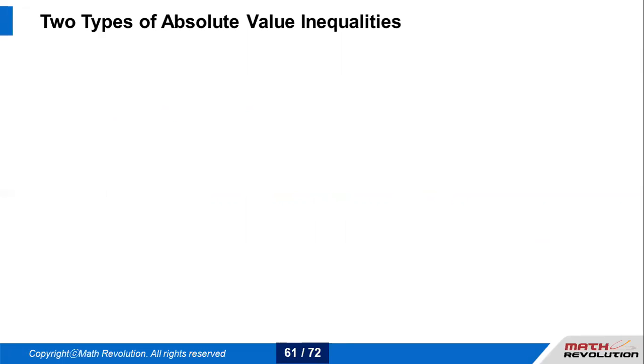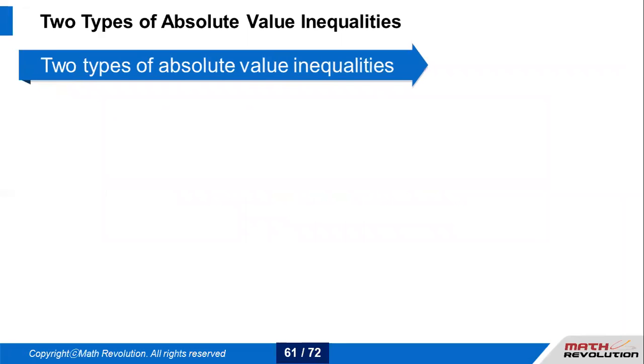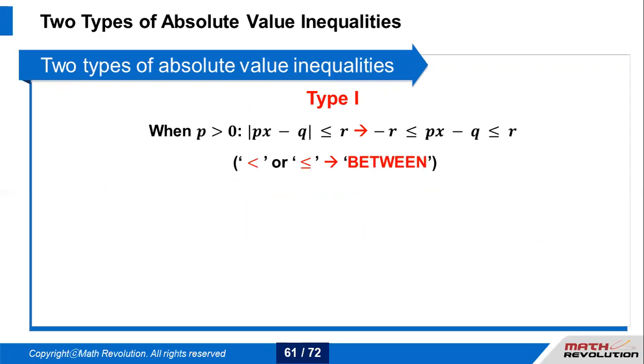Now let's talk about the two types of absolute value inequalities. Type 1 says that if your p is greater than 0, your modulus of px minus q is less than or equal to r.